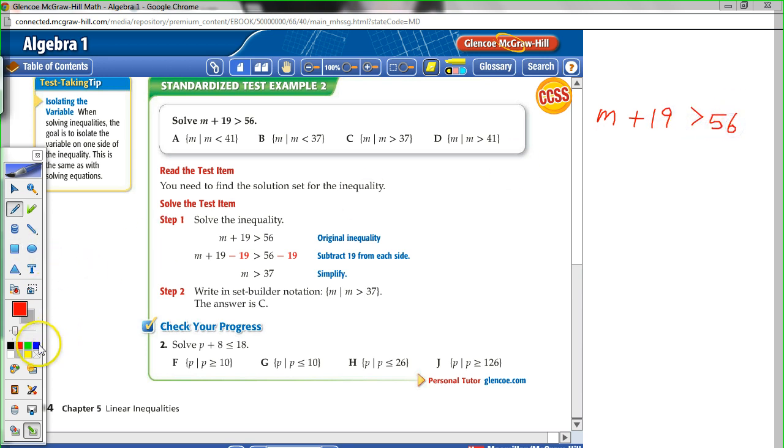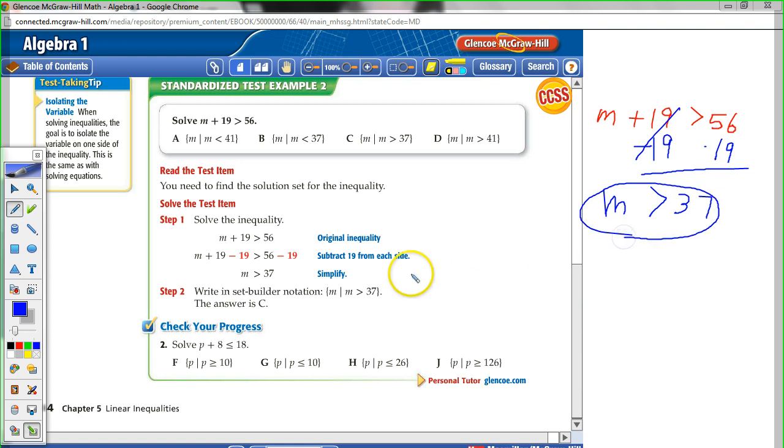If it was an equation, you would subtract 19 on each side, so that's exactly what we're going to do here. That's gone. You have m is greater than 56 minus 19, which is 37. So now you have m is greater than 37.